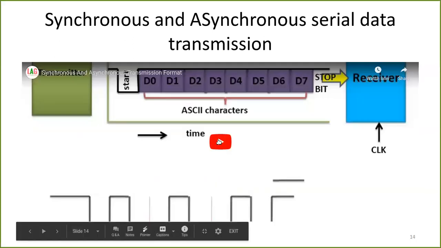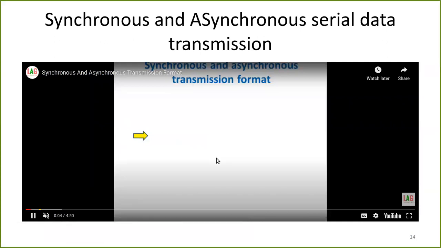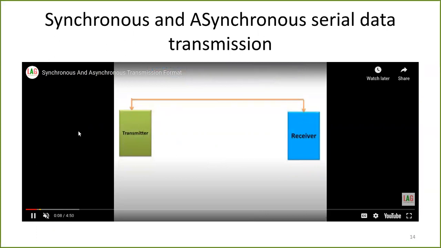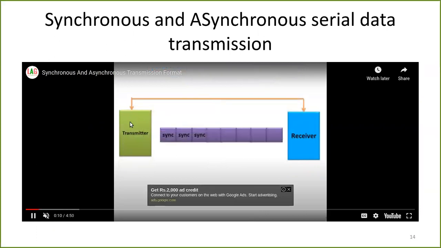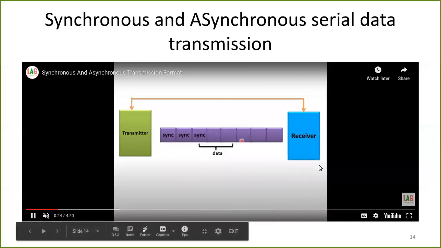Now let us see an example of synchronous and asynchronous data transmission. We have a transmitter and a receiver, and we have a connecting wire for serial communication, a single wire. In the case of synchronous data transmission, the data given from the transmitter will keep on going to the receiver.